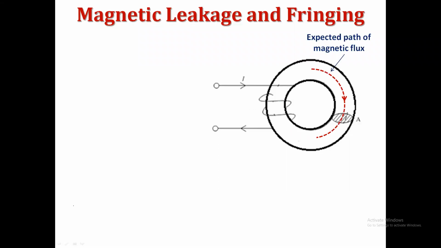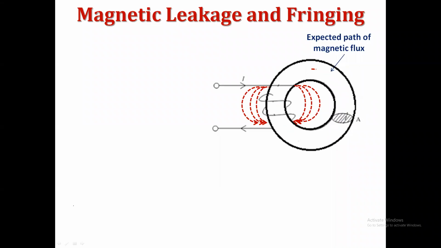The current is responsible for producing the total flux. Out of that total flux, the large part will take the expected path of the magnetic circuit, that is, through the ring or inside the solenoid, and a small part of the flux will take a path through the surrounding medium.